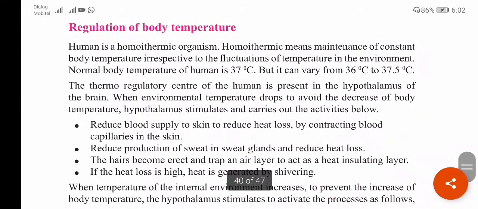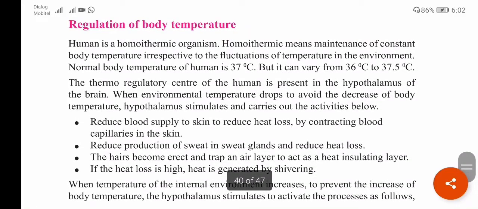Now let's see the regulation of body temperature. Among mammals, humans are warm-blooded organisms. What do you mean by warm-blooded or homoiothermic? That means the body temperature is maintained at a constant level irrespective of the fluctuation of the temperature in the environment.